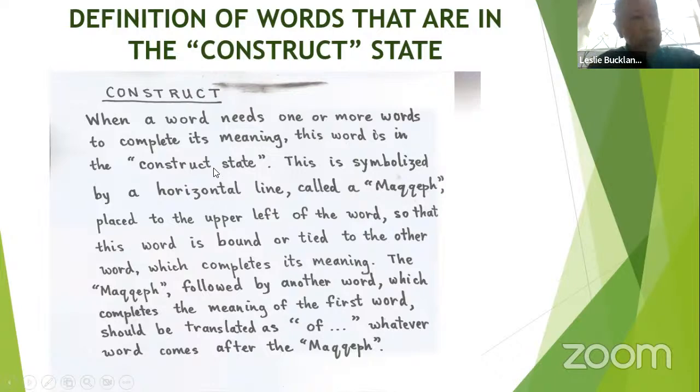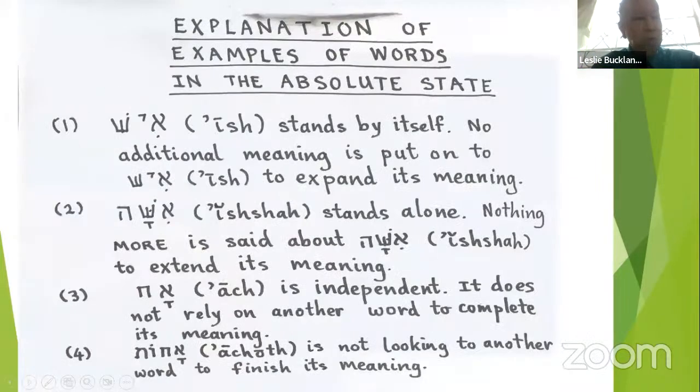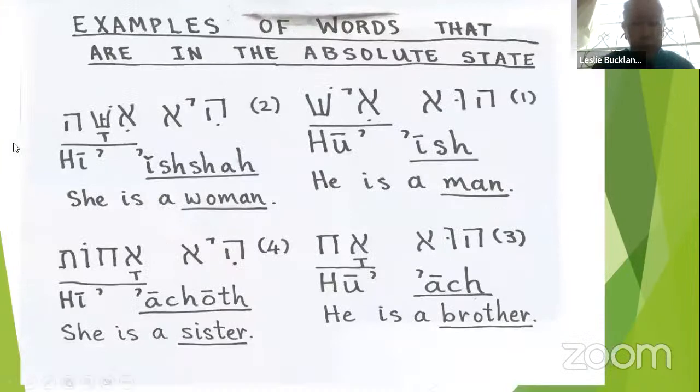So all these words that I showed you just now, whether it is ish, isha, ak, or akoth, that is, whether it is man, woman, brother, sister, these same words may also be in the construct state if you add one or more words to it. So that's what we're looking at now.